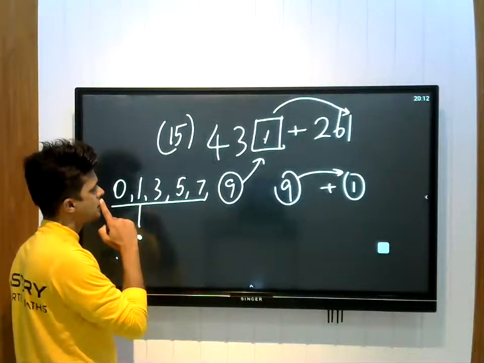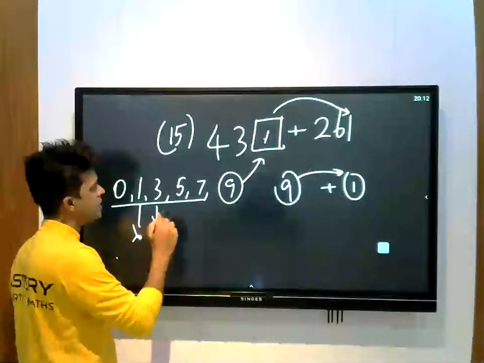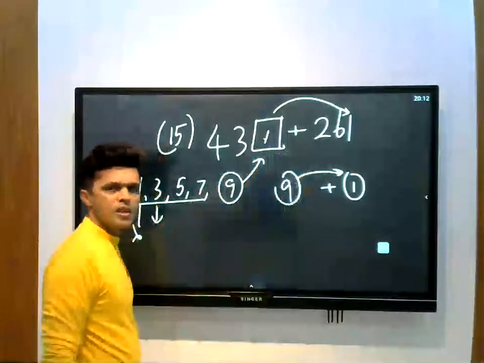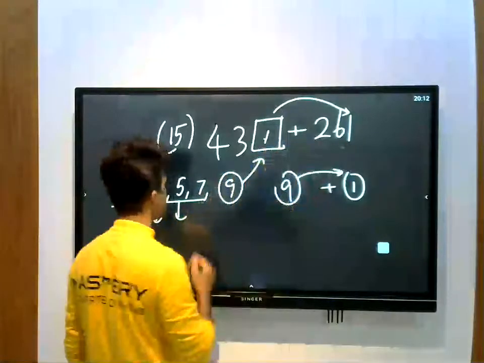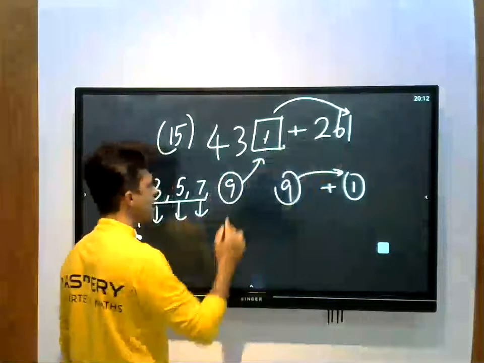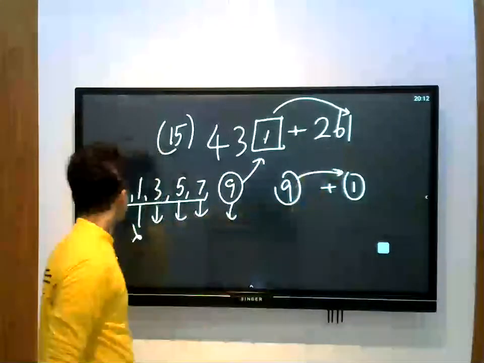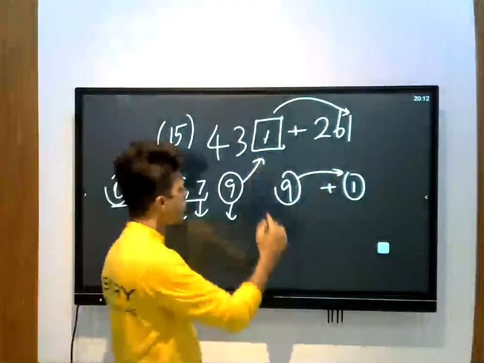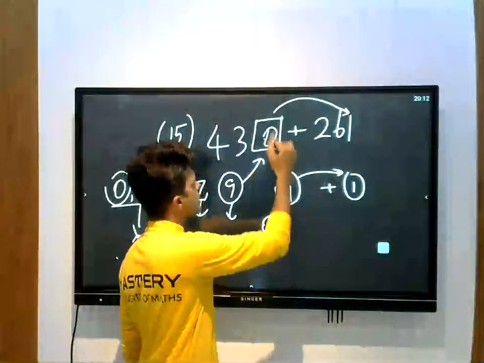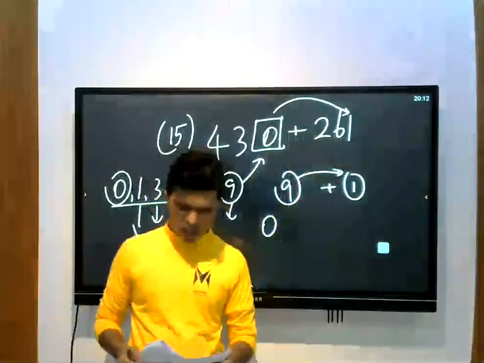Is it able to write 3 here? 3 plus 1 is 4. We can't write it. 5 plus 1, 6. 7 plus 1, 8. 9 plus 1, 10. Are we able to write 0 here? Yes. 0 can be written here. Then 0 plus 1 is 1. That's an odd number, right?